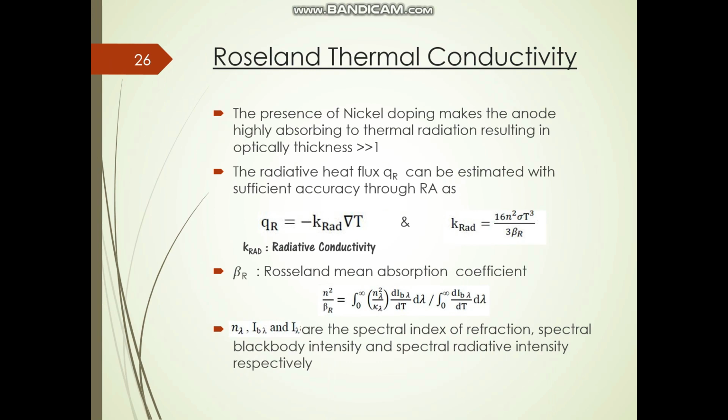Radiative heat flux QR can be estimated with sufficient accuracy through the Rosseland approximation as QR equal to minus K rad del T, and K rad equal to 16 n squared sigma T raised to power 3 upon 3 beta R, where beta R is the Rosseland mean absorption coefficient, which is given as follows, and n lambda, IB lambda, and I lambda are the spectral index of refraction, spectral blackbody intensity, and spectral radiative intensity, respectively.